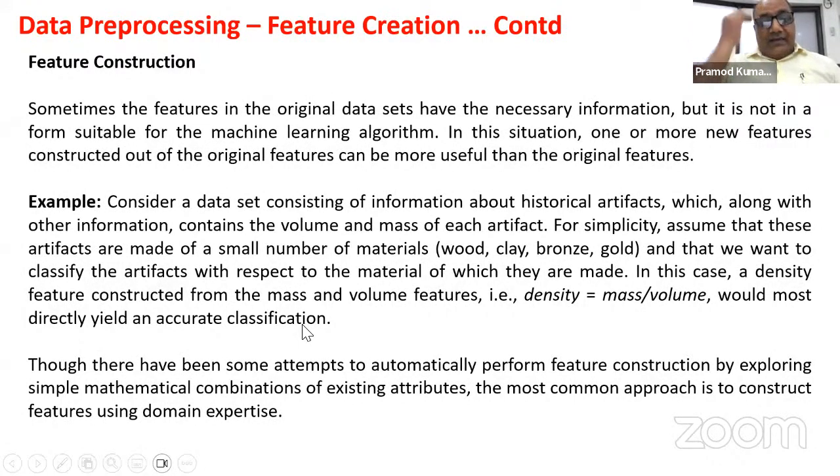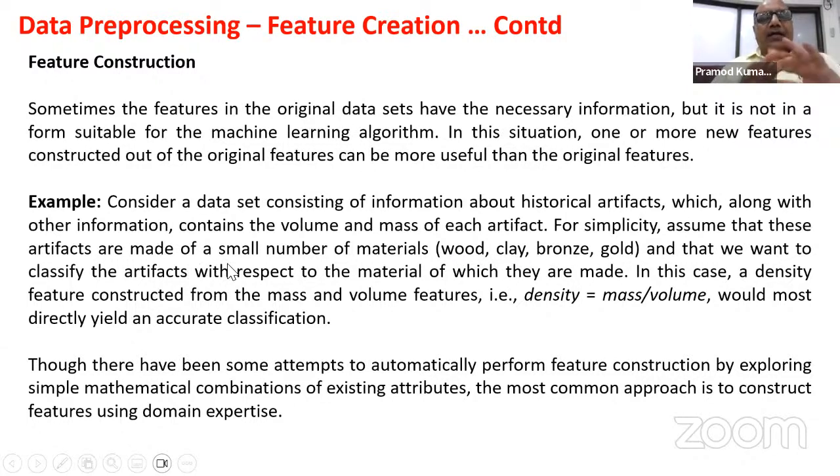So we say here that suppose we have data of some artifacts, and it contains the volume and the mass and a lot of other features also. These artifacts are made up either of wood or clay or bronze or gold.